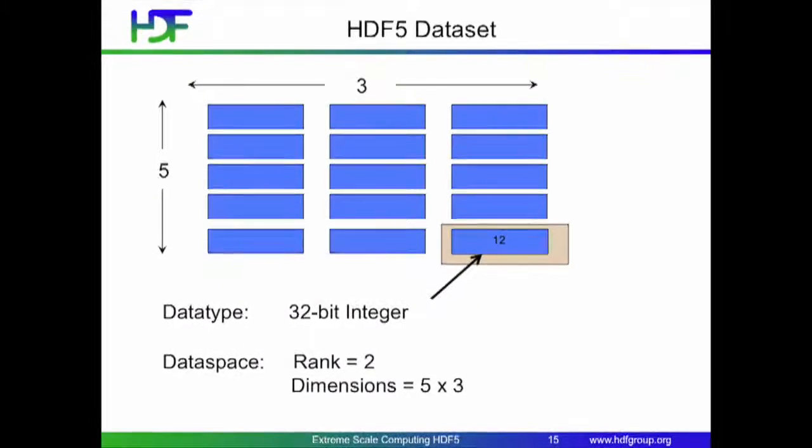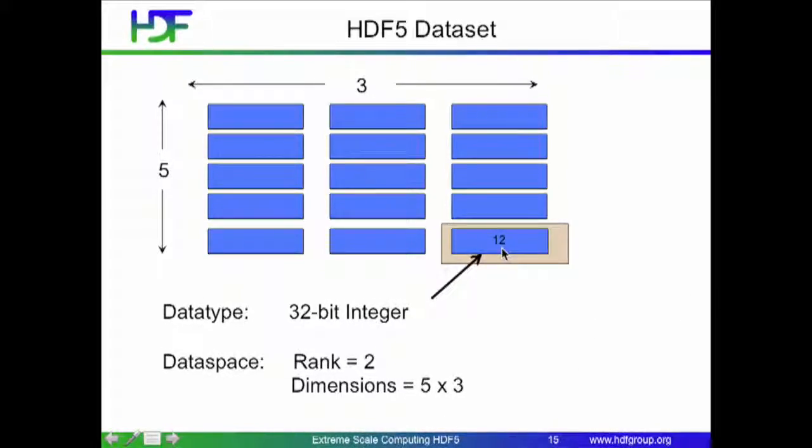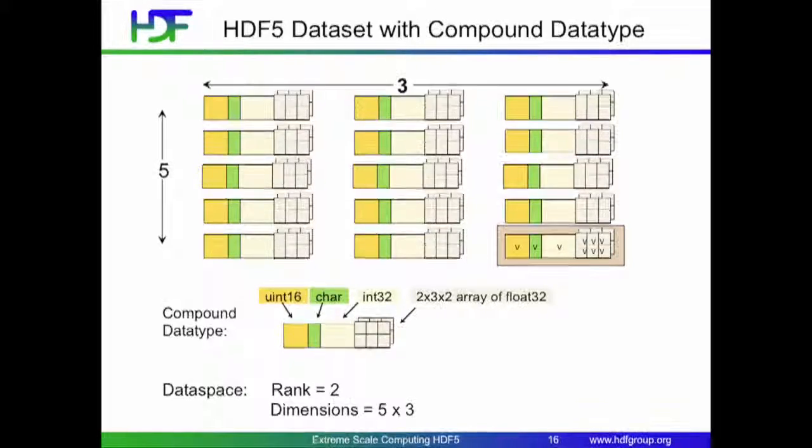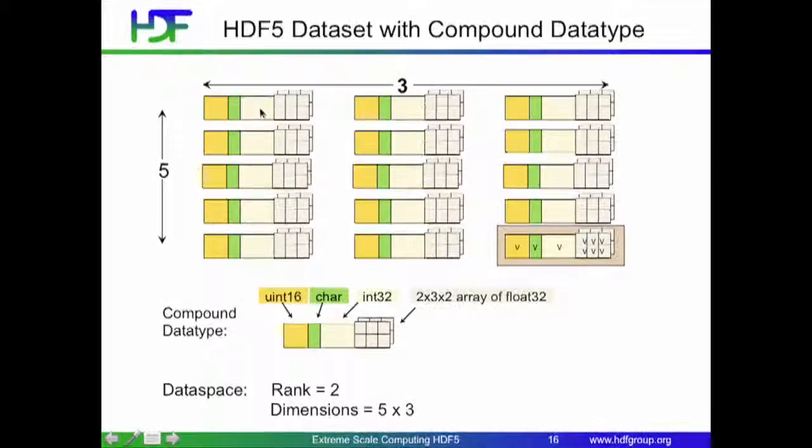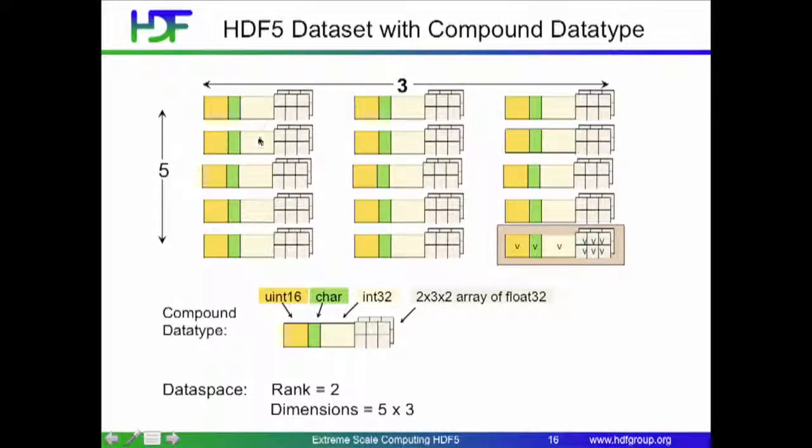This is a simple example of what a data set would look like. So you have a 3 by 5 array. It's essentially integer. It has a value of 12 stored in this element, and it's rank 2, 5 by 3. So this is a simple one, and then you can go much more complicated. You can have the same array, but instead of having a single atomic data type, you can have a compound data type here.